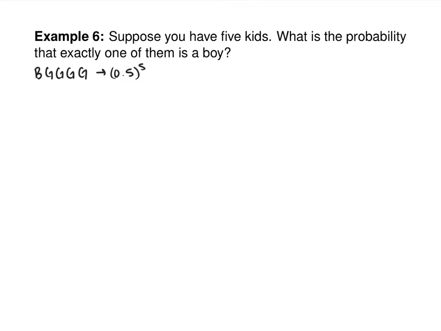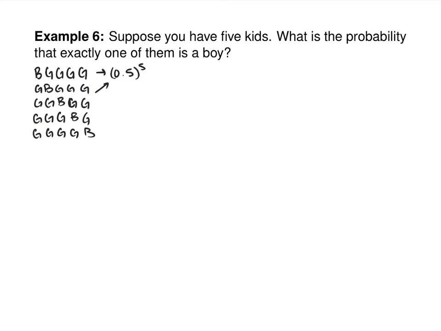Now, that isn't the only way we could have had one kid being a boy. This probability means, because that B is first, that your boy came first. Your boy could have also come second, could have come third, could have come fourth, or could have been the last.